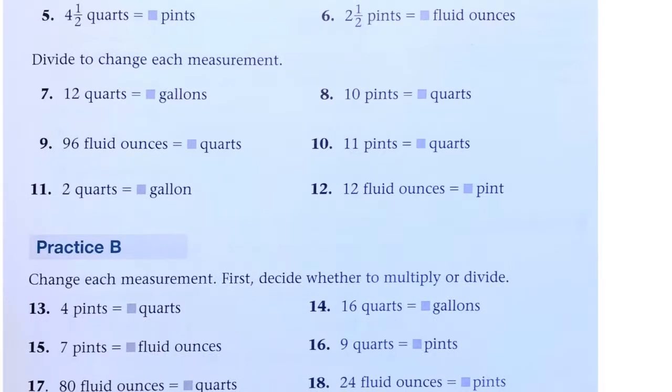Number 7 has division to change each measurement because we're moving from the smaller amount to the larger amount, so we divide. And then we need to know our fact. In this case, it takes 4 quarts to make 1 gallon.